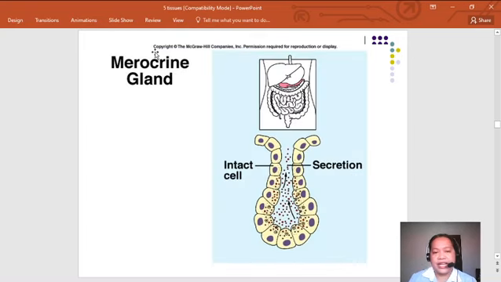And merocrine: the contents are released through exocytosis. The contents are enclosed by a vesicle. One good example of this function is the pancreas.